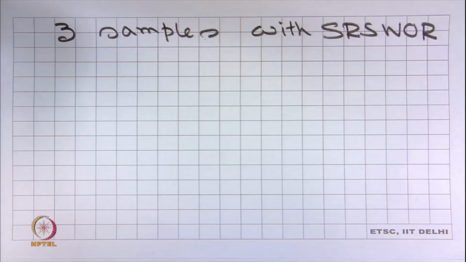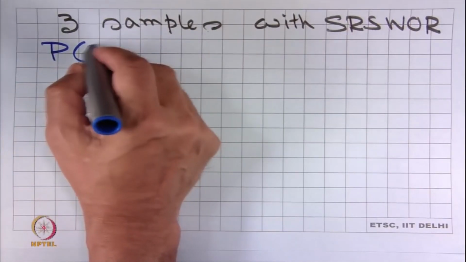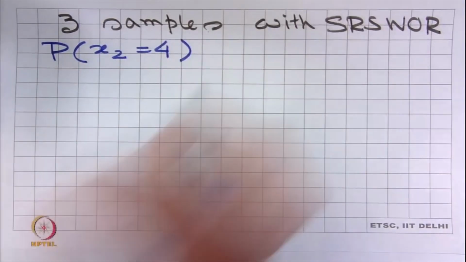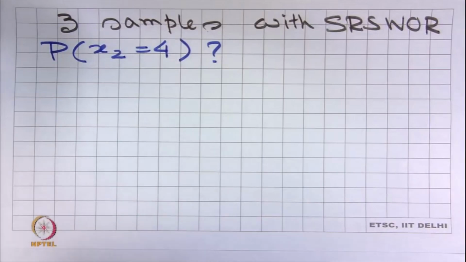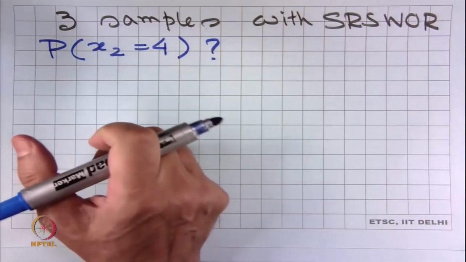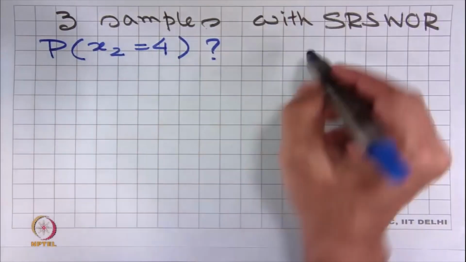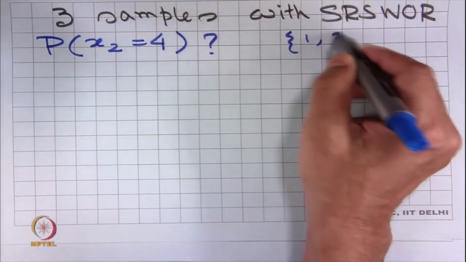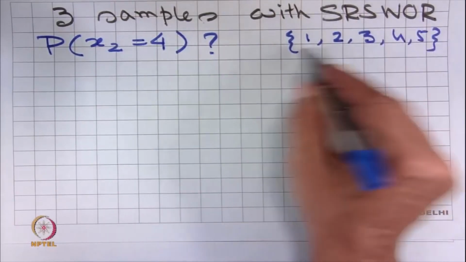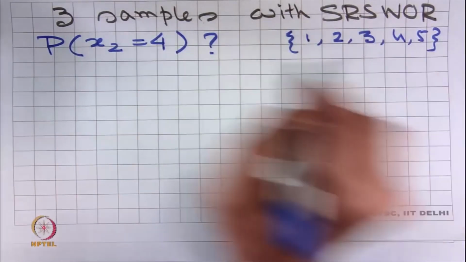Now, my question is, what is the probability that the second sample is equal to 4? I am doing it for the second because for the first, in any case, we understand that if I am taking one from this population, then each one of them under simple random sampling has probability 1 by 5.